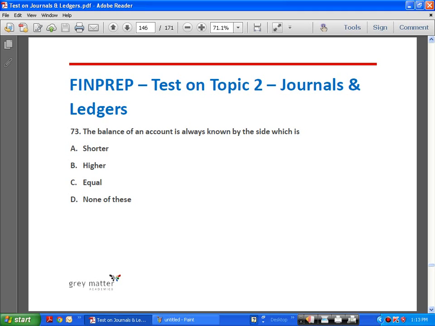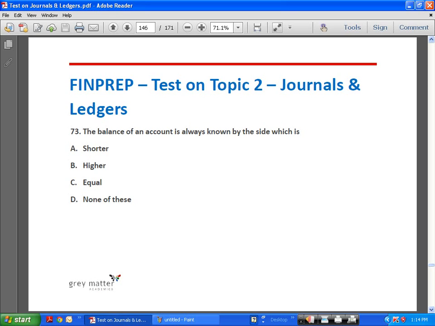The credit side shows how much cash has been collected from debtors during the period. So the closing balance will be the difference between the debit side and the credit side.